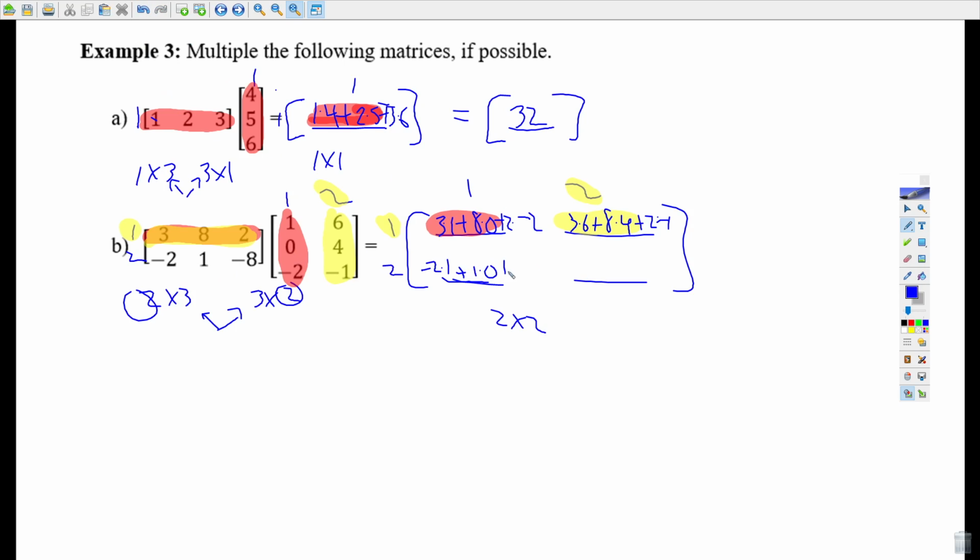And the last one, second row, second column, will be negative 2 times 6 plus 1 times 4 plus negative 8 times negative 1. Do all that math, and we'll get 4 numbers to be our 2 by 2.